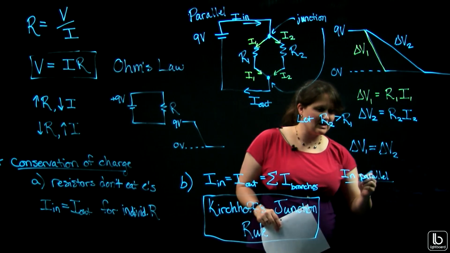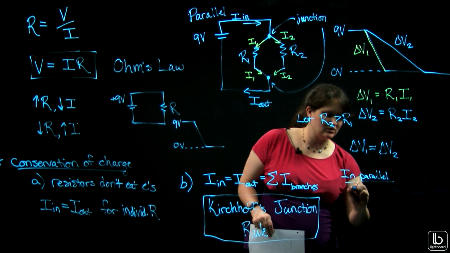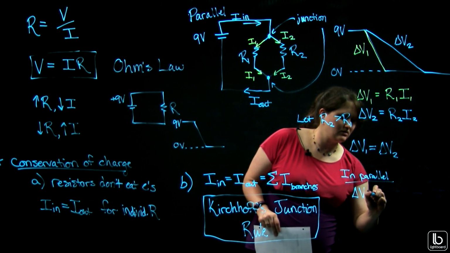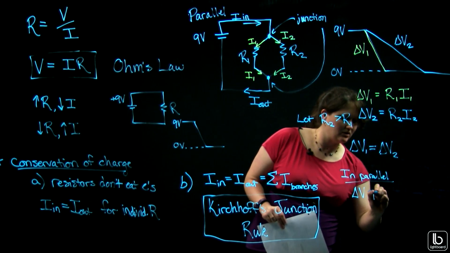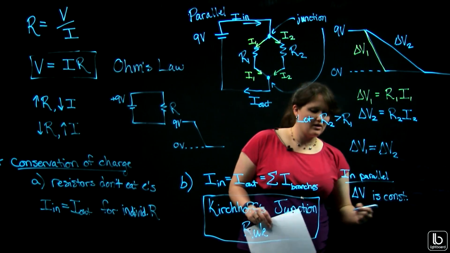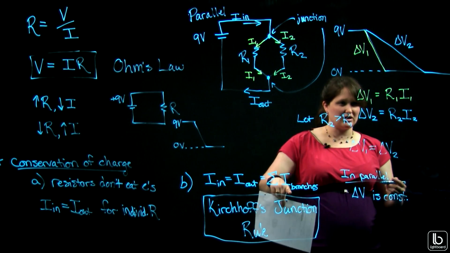So what I'm getting at is that in parallel, effectively what I'm saying is that my voltage drop is constant, and it's my current now that is summing.